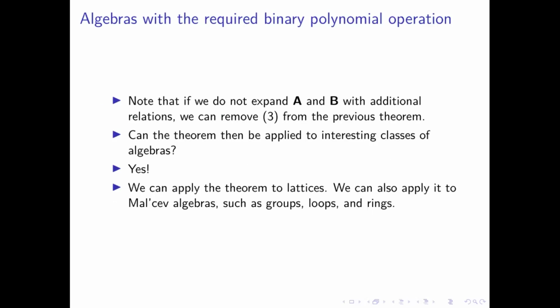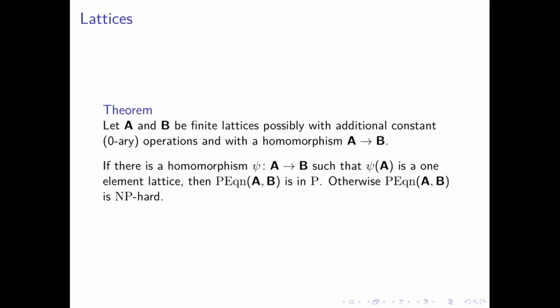Okay, so I mentioned on the previous slide lattices. So if you have two finite lattices, possibly with additional constant zero-ary operations, you can think of those as expanding with singleton relations for whatever constant symbols you want.